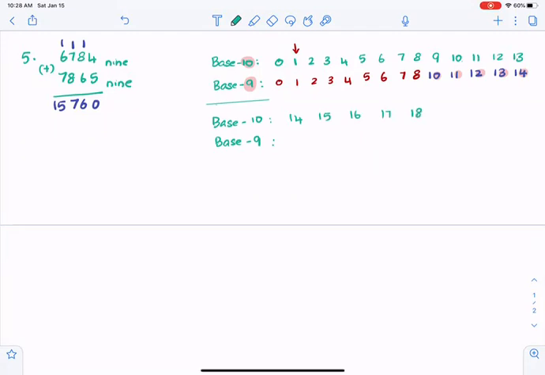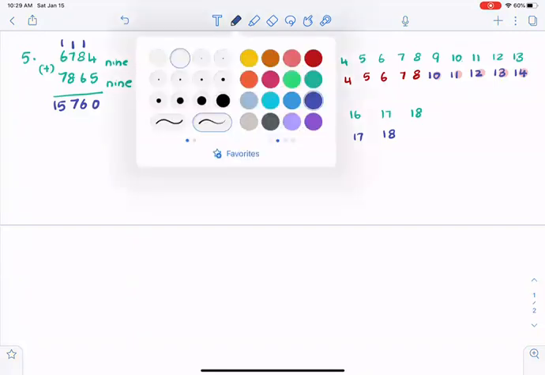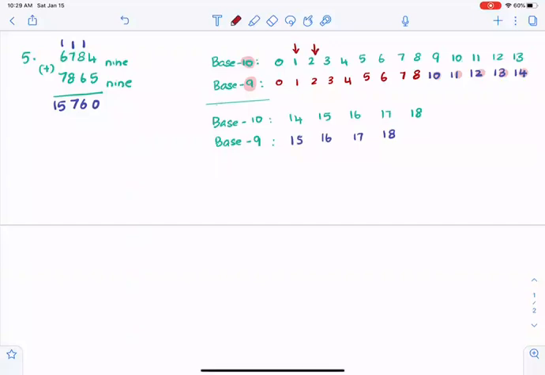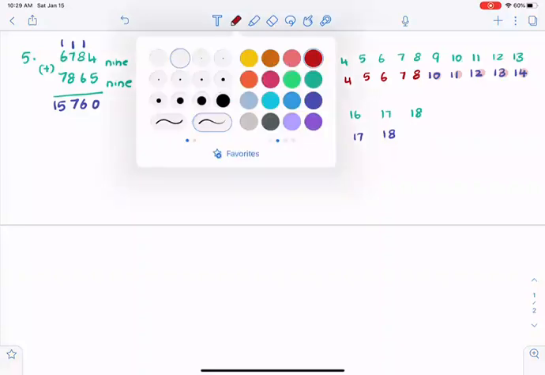Here you go. 13 corresponds to 14. Now I'd have 15, 16, 17, 18, 1 less. But do keep in mind, this is where things change. 18 cannot correspond to 19. So you go back, pick the digit 2, and then add it to the previous one that you selected, which would be 1, not 0.